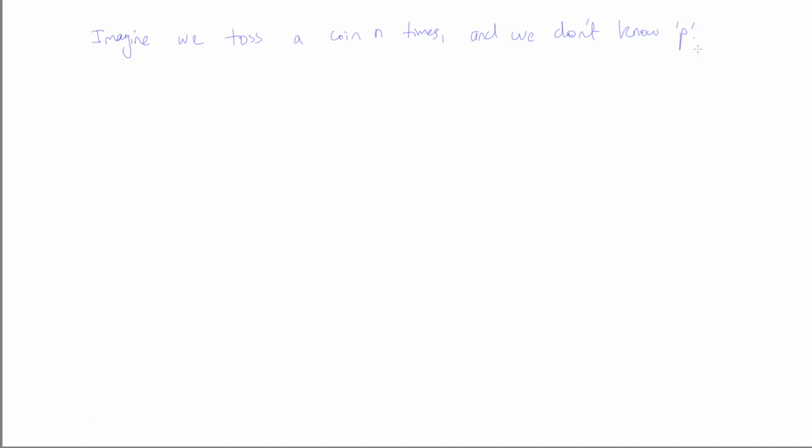It could be a biased coin, meaning it's an unfair coin. So the data is the samples X1, X2, X3, up to Xn, and we know that they're independent and identically distributed because they're all going to be Bernoulli p. We know a coin toss is Bernoulli p, but we don't know p. So the goal is to estimate p.